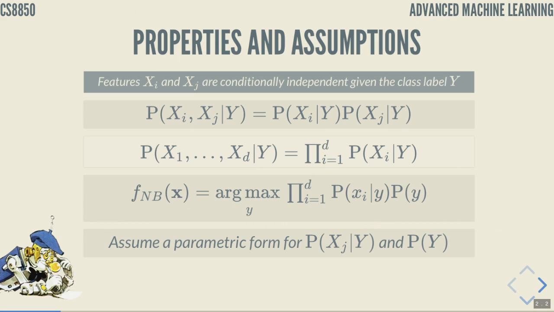But what is that? And what is that? Well, just assume some parametric form for the conditional, for the likelihood and for the prior. Easy. Just a reminder. But you assume the parametric form, and parametric form means that there are some parameters here, some parameters there.